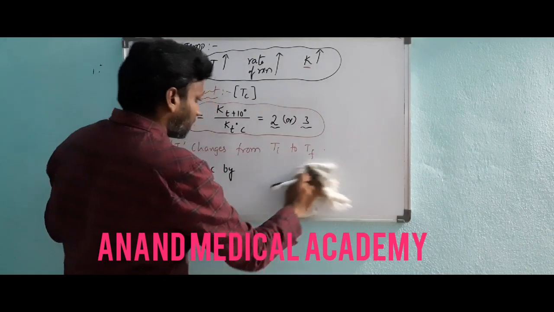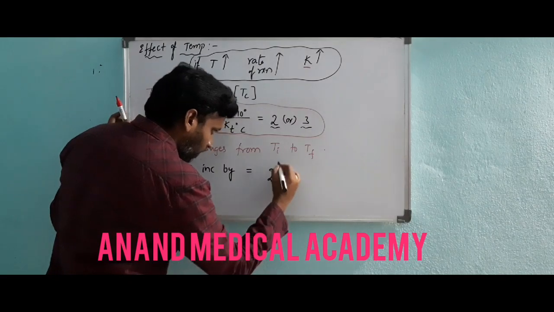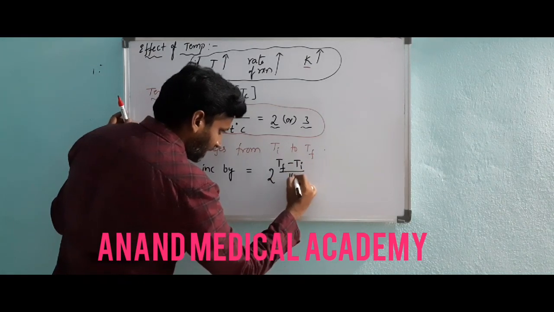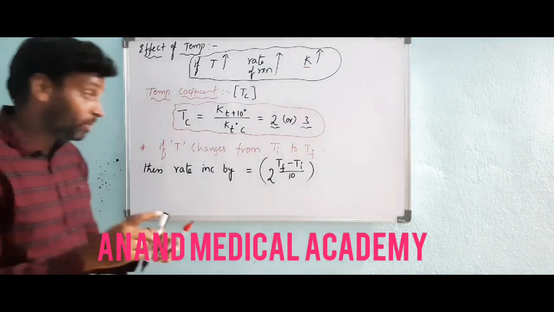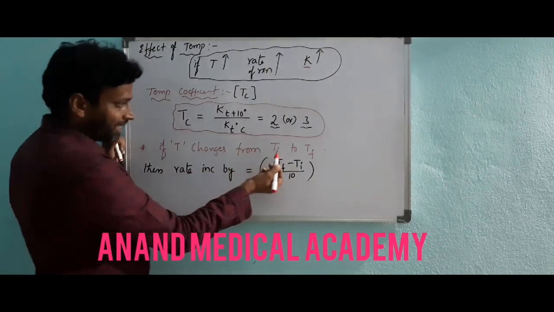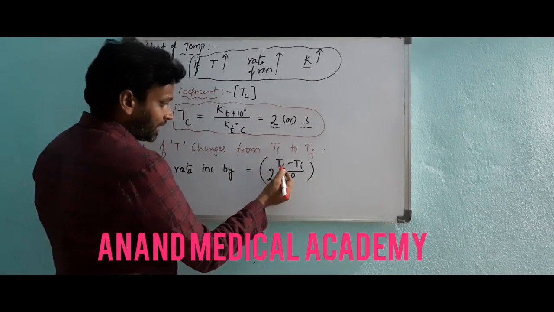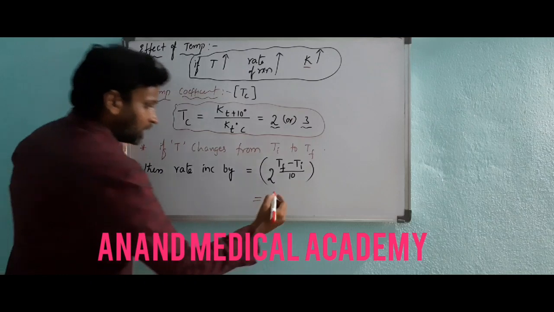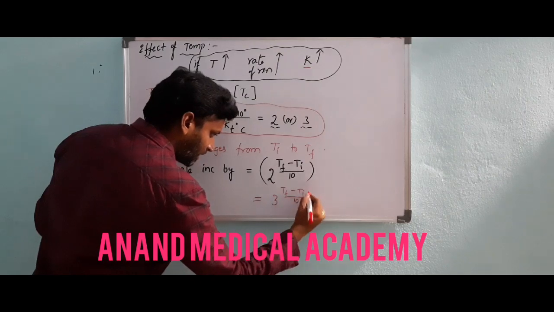So rate increased by how much? You have a formula. If specific rate is given, it is 2 power (T final minus T initial) by 10. Rate how many times increased? Rate how many times changed? If temperature changes from T initial to T final, then rate increased by how many times? So 2 power (T final minus T initial) by 10, or else 3 power (T final minus T initial) by 10 you have to take.